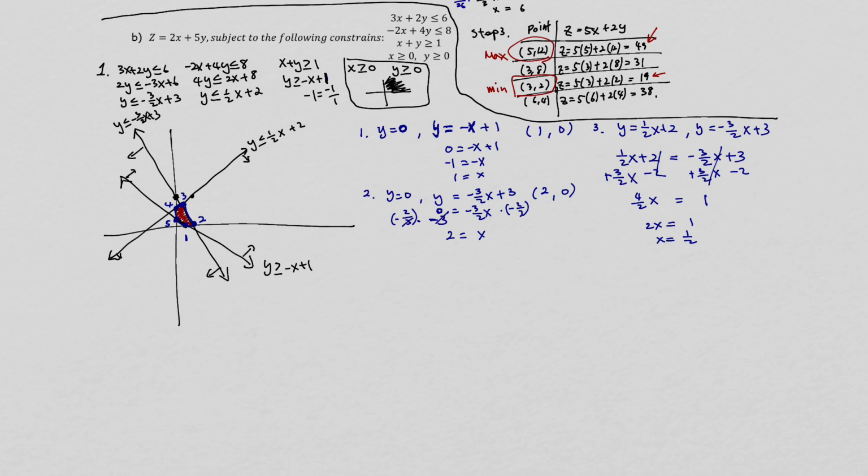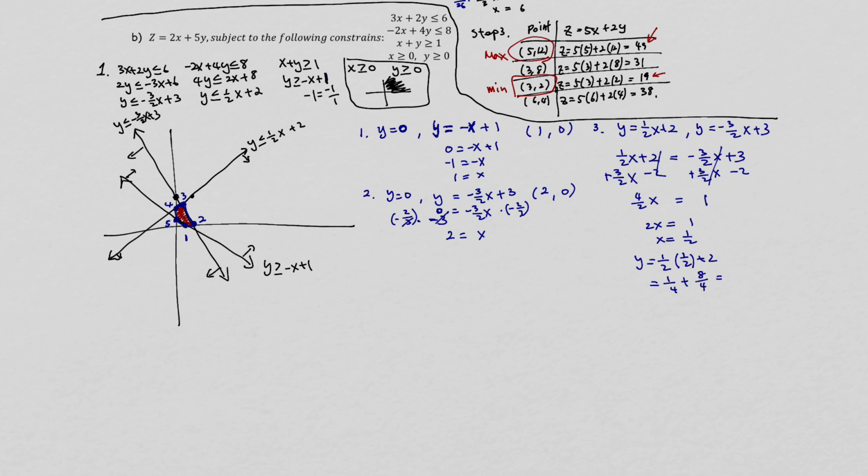When you replace this into one of your equations, let's replace it into the first one. 1/2 plus 2, this is 1/4 plus 2. And we know that 2 is going to be 8 over 4.